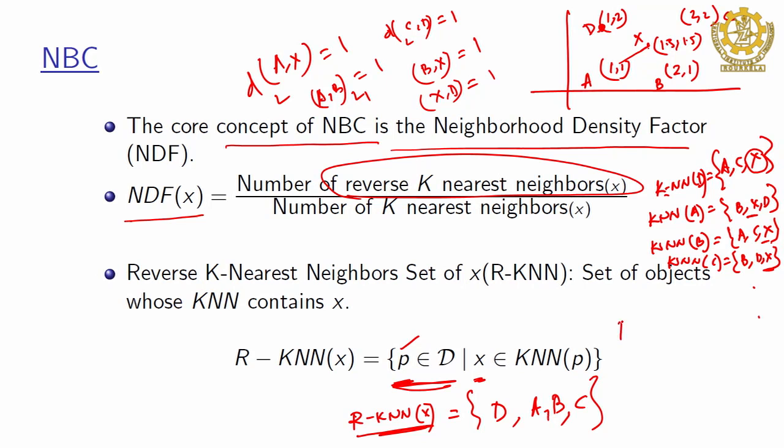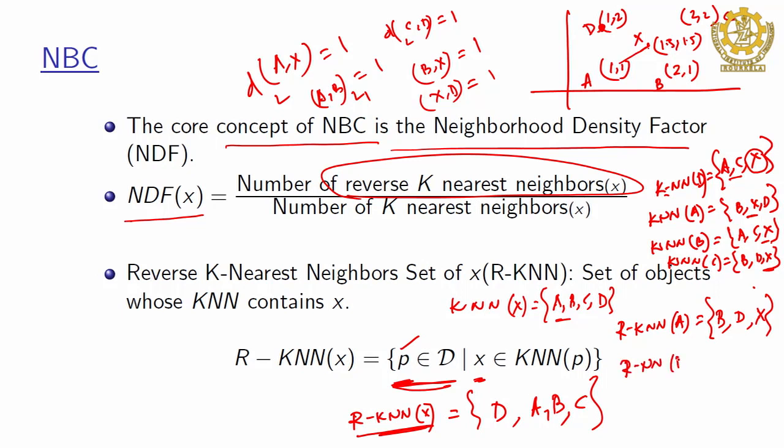Now, can you calculate the reverse kNN of A? A is appearing in B, so it should be B. Then A is appearing in D, so it should be D. And then we did not compute the kNN of X. So for all points you have to compute the kNN, including X, which will be A, B, C, D. A is appearing here, so this will be X. So what will be the reverse kNN of the point B?